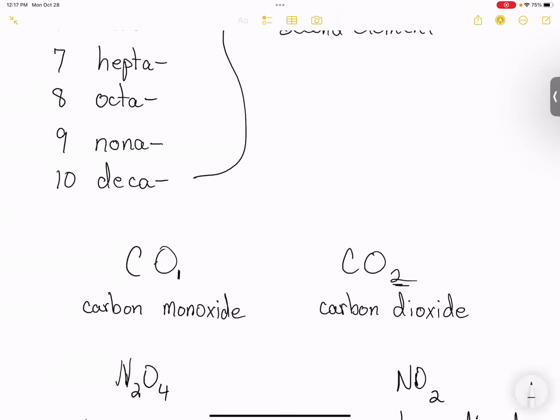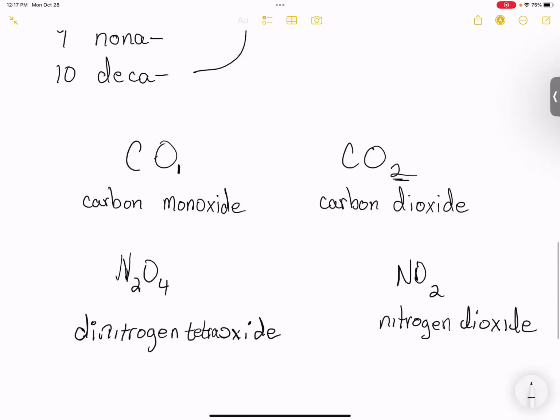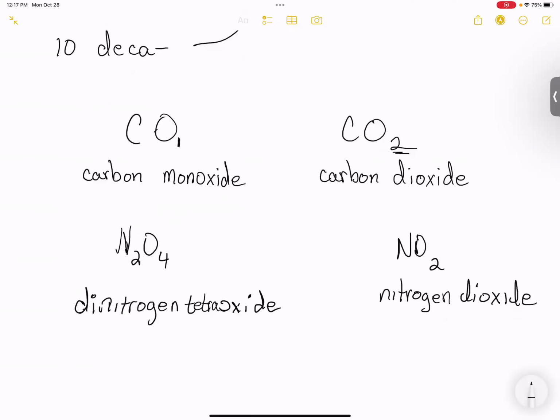It literally reads exactly how many there are. 2 nitrogen, 4 oxygen. This is only going to be valid, though, for the binary covalent molecules.